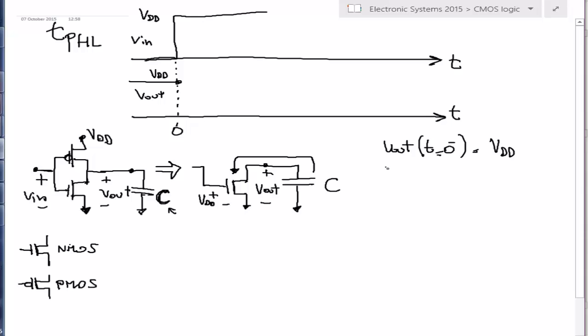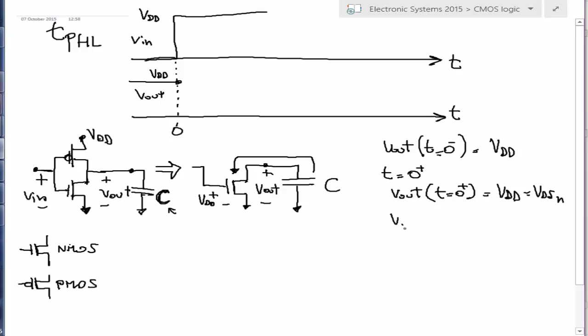So let's consider first the situation at T equals 0 plus. At T equals 0 plus, of course, the output voltage, which is the voltage on the capacitor, has not changed, so it is equal to VDD, and this is the VDS of the NMOSFET.